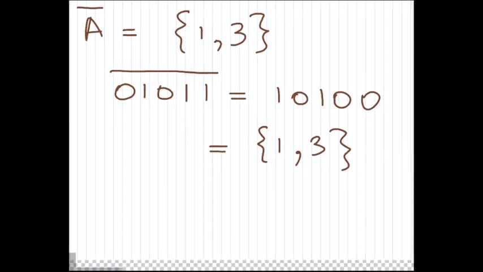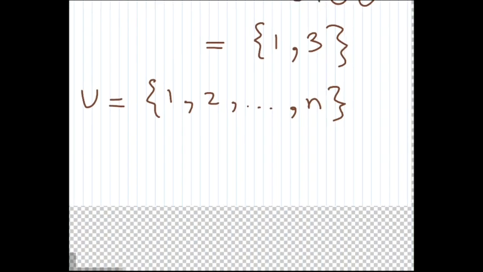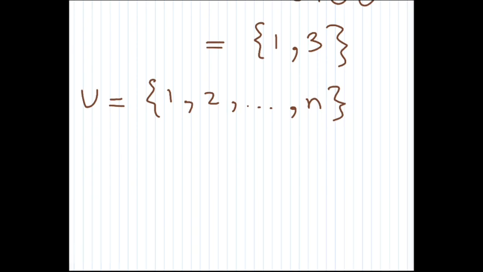So this is a pretty simple way, if somebody is familiar with basic bitwise operations, they can use this method as well to find basic set operations. One implication of this is that if you want to find the total number of subsets of a set, for example if U has 1 2 up to n elements, then how many subsets can you find? Each subset is represented by n bits, and each bit can take either 0 or 1.